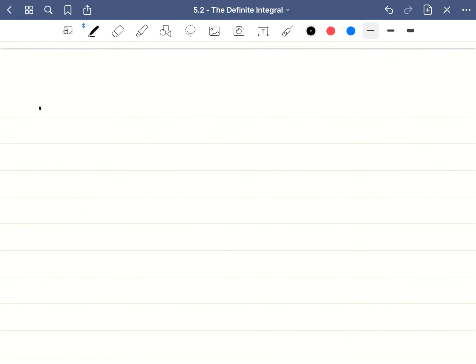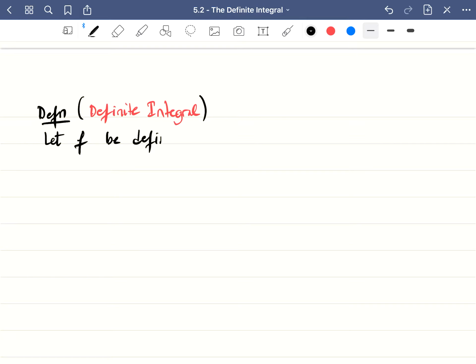So, definition, and by the way, this is the definition of the definite integral, which is very important throughout this chapter. Okay, so let f be a function which is defined on a comma b. Okay, this is a closed interval.